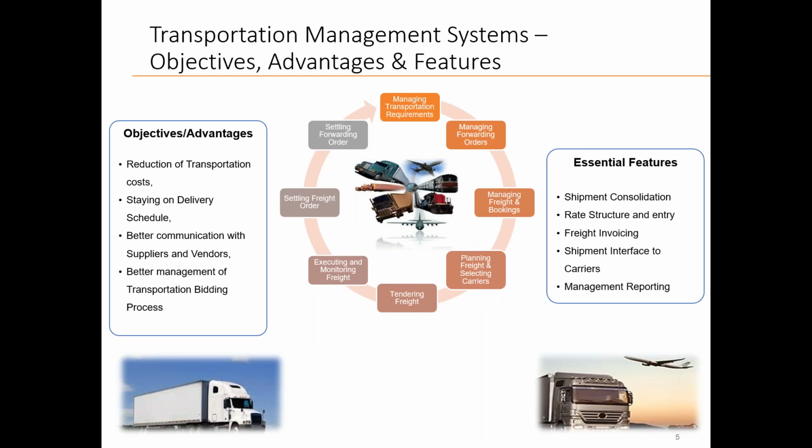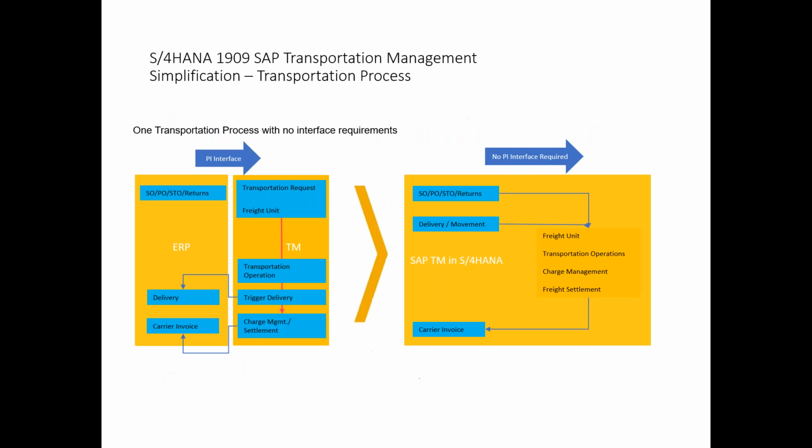Yes. That was the interface we would require in a decentralized landscape. But in an embedded landscape, we would not require any PI or XI interface to have deliveries flow from one system to another.